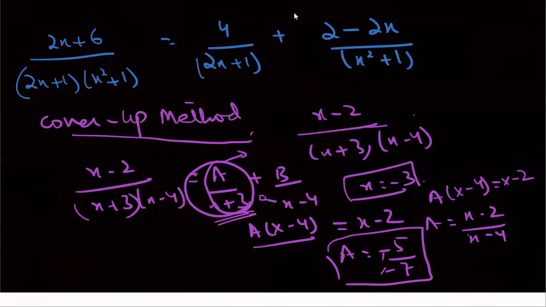Okay. So what I will be doing, I will be doing it much further. Since we took the LCM, the B value becomes what? B into (x plus 3) is equal to x minus 2.